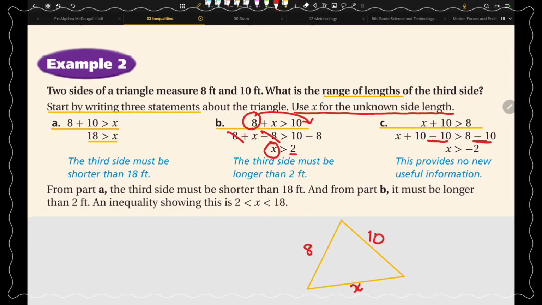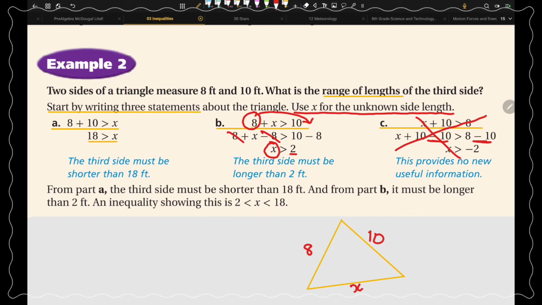Now this turns out to be not a very useful scenario, only because there's no triangle that's going to have a negative length, right? Negative 2 cannot be the length of any side of a triangle that's in the real world. So that doesn't give us any new information, so we can't use it, but that's okay because we have everything that we need already from A and B.